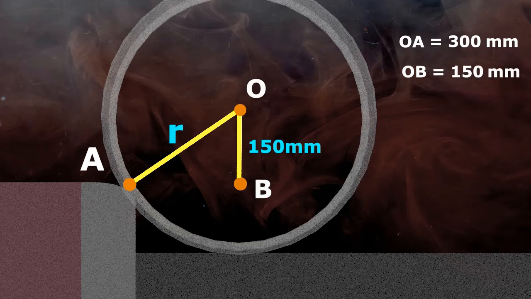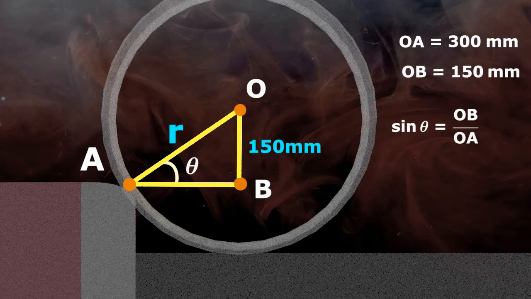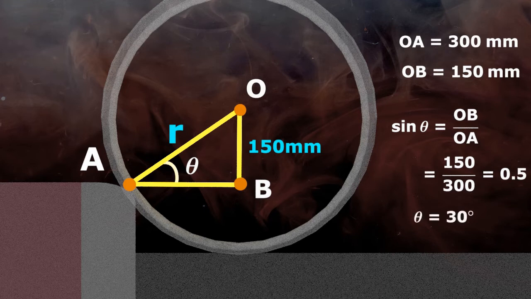No horizontal dimension is given in problem statement, so it would be tedious to find side AB. But we have hypotenuse OA and opposite side OB available, so use equation of sin theta to find angle theta. Sin theta is equals to OB upon OA, that is 150 divided by 300 equals to 0.5, and so theta is equals to 30 degree.